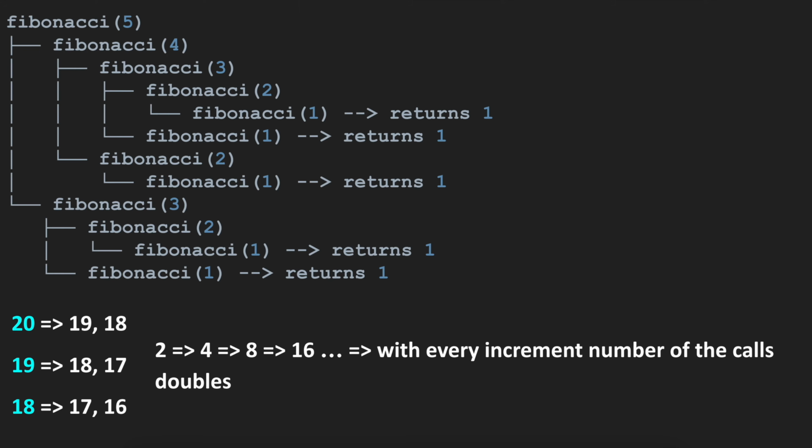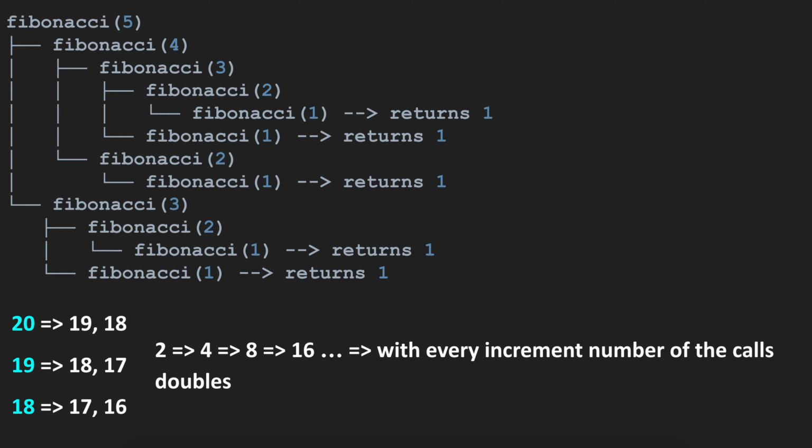For example, for 20, we are calling only 2 functions, 19 and 18. For the next step, for 19 and 18, we are going to call the function 4 times: 18, 17, 17, and 16. And for the third step, we are again going to call more, doubling each time.